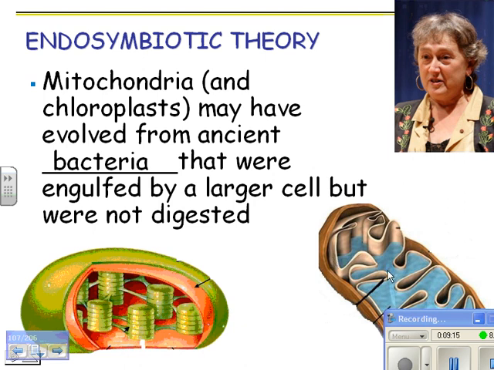And that's why they have their own DNA. And that's why the ribosomes in here resemble bacterial ribosomes. So actually, they've evolved for so long with us, ever since eukaryotic cells first became eukaryotic cells. They've been with us for so long that some of the proteins in here are made by nuclear DNA, and some of the proteins in here are made by mitochondrial DNA.